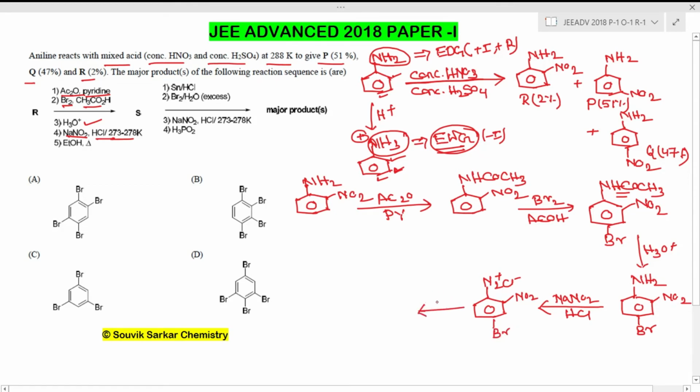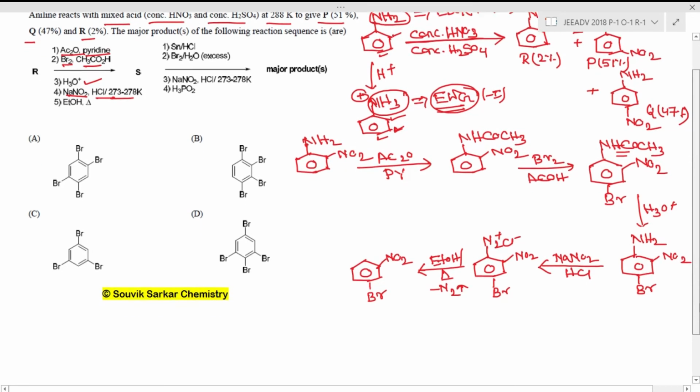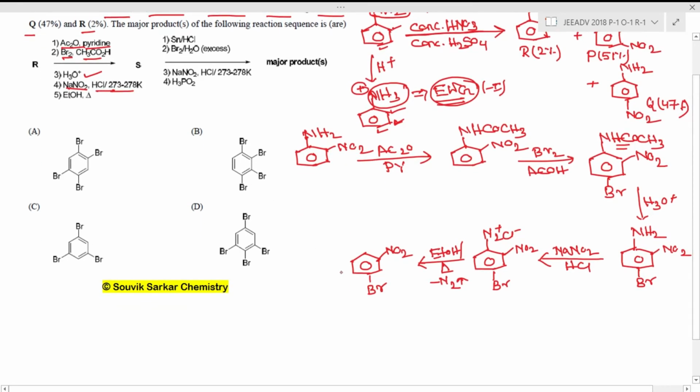Now it is further reacted with ethanol and heat. If we treat diazonium with ethanol, the nitrogen is eliminated and it will form the corresponding benzene with NO2, and here we have bromine. Okay, so this is our compound S.